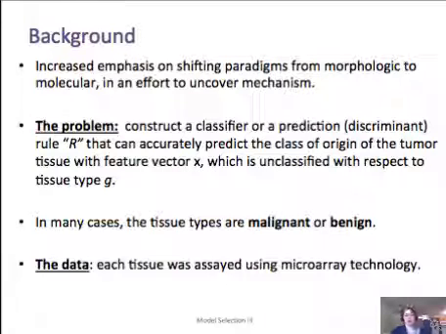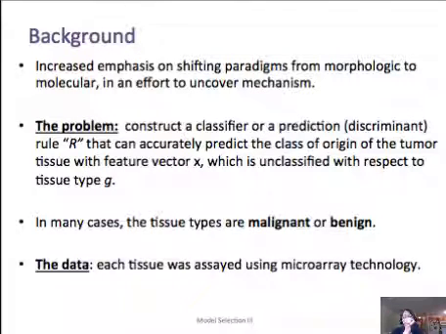If you have 3 genes in the classifier, which is ridiculous in itself, and you have the expressions for these 3 genes, you should be able to predict if you have a malignant or benign tumor for a particular tissue.